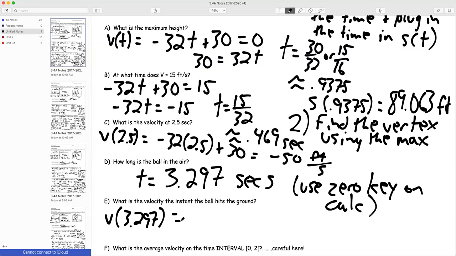That's going to give me negative 32 times 3.297 plus 30. Put that into your calculator and crank out that answer. And it's got to be negative again, right? Because it is dropping.